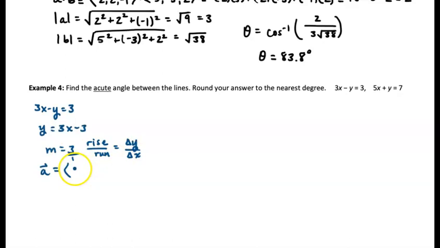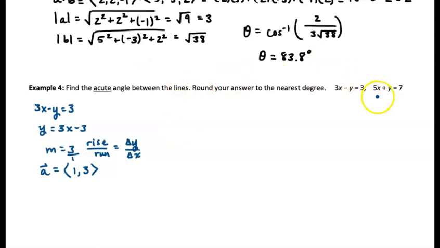So I can write this as a vector of 1, 3. Because this says that for every 1 unit I go to the right, I go 3 units up. And isn't that exactly what slope does? This directional vector just tells me that essentially we have a slope of 3. And we're assuming we're in 2 dimensions here because we're only using the x and y variables.